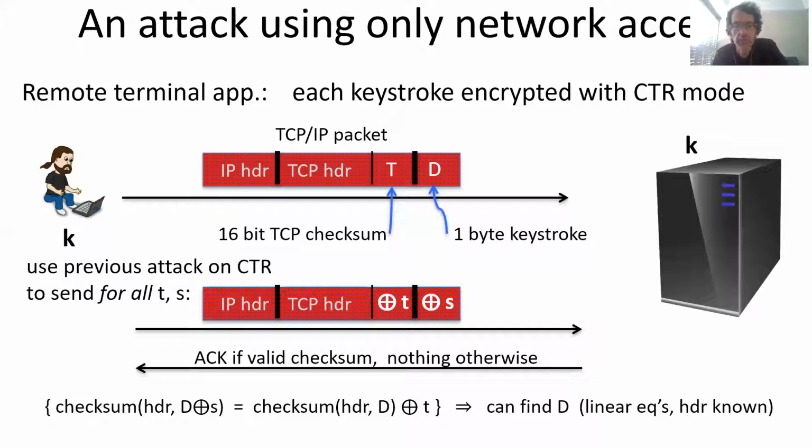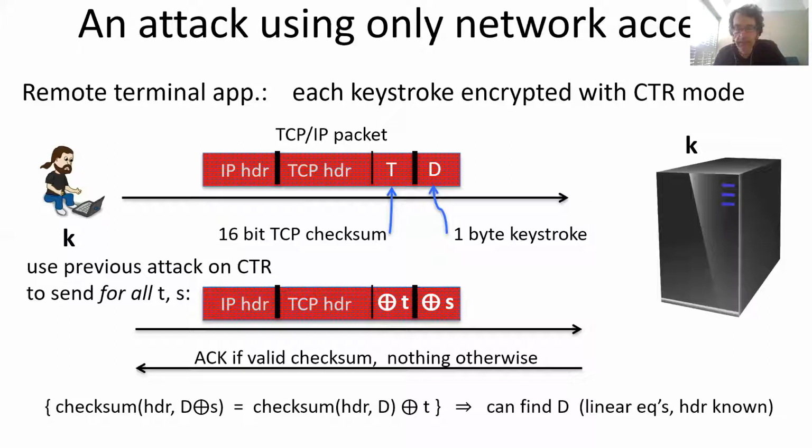Now, if this shift created a valid response, then what the attacker knows is that the checksum function applied to the same header and data XORed with the S shift that the adversary chose is correct, which means that it is a checksum on this original data and the same header, XORed with this little t that the adversary chose.